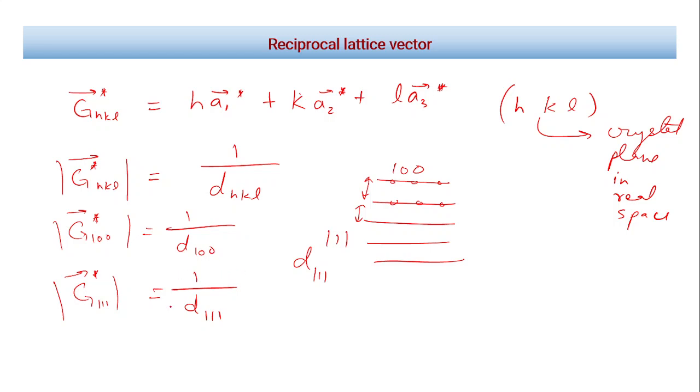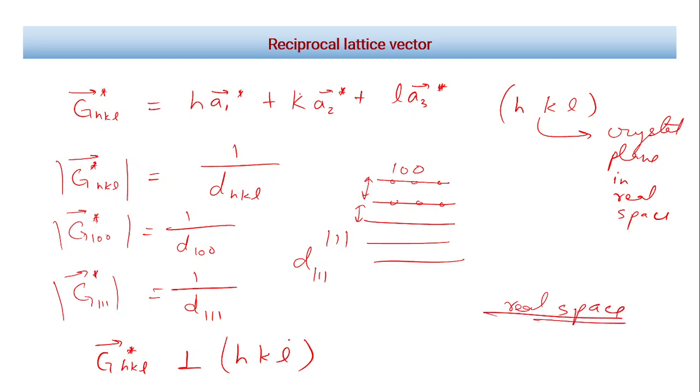And another thing is that these vectors are perpendicular to these hkl planes. These hkl planes that we define using Miller indexing are all in real space.